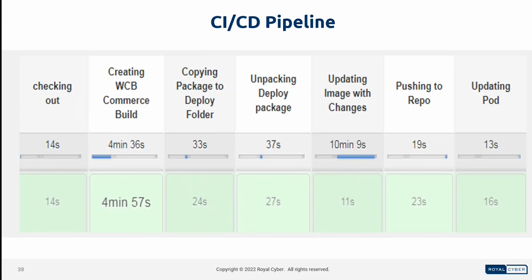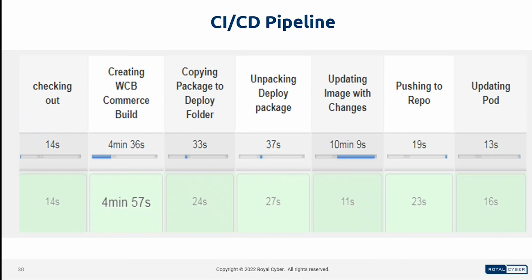Once we are good to create the Jenkins pipeline on the Jenkins server, it should be the same as what we are showing in this slide. It starts from checking out the code and then creating the WCB Commerce build, and then copying the package to the deploy folder.